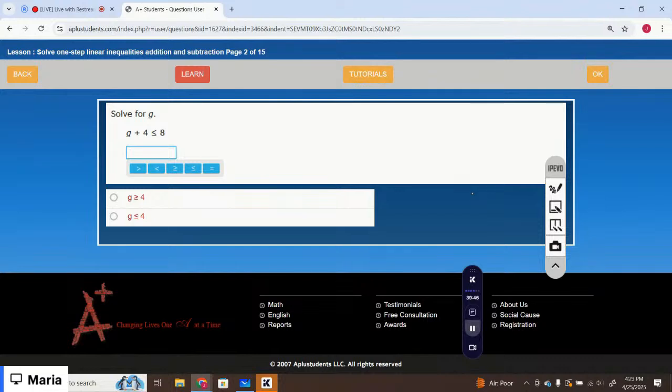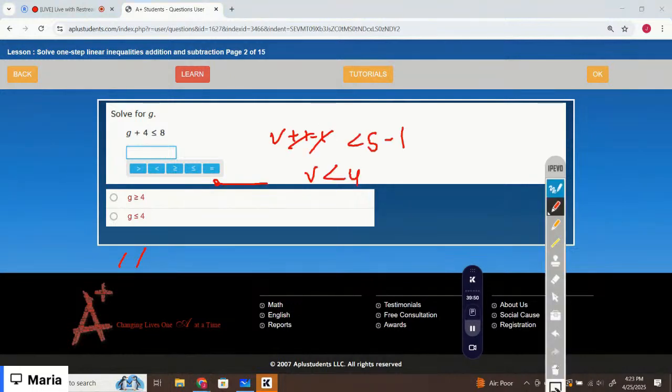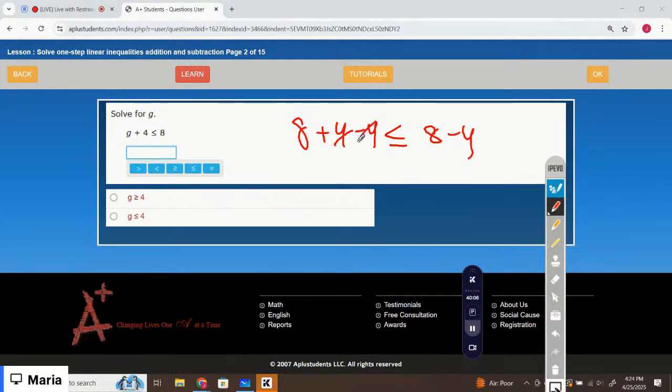Solve for G. That is, G plus 4 minus 4 is less than or equal to 8 minus 4. 4 minus 4 is 0.